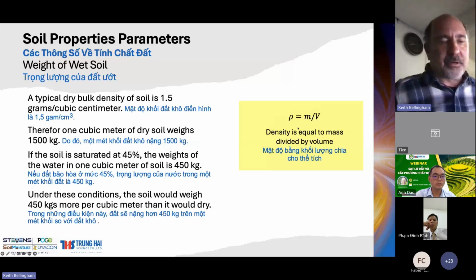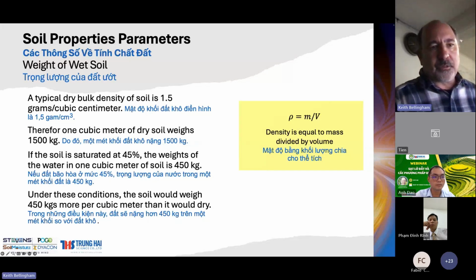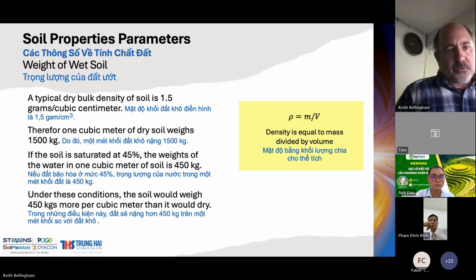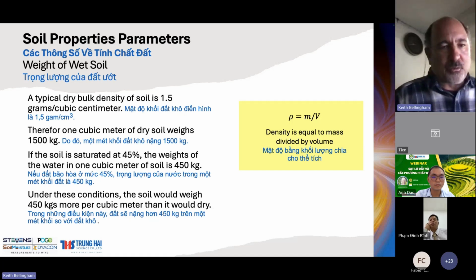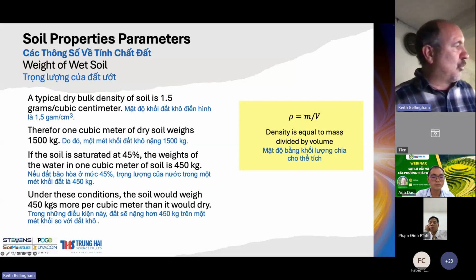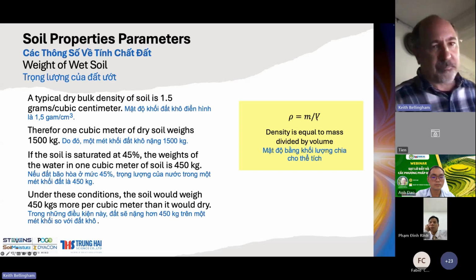The soil properties, as I mentioned before: the water in the soil adds significant weight to the soil. So a typical soil would have a dry bulk density of, let's say, 1.5 grams per cubic centimeter. As we see on the left here, the formula for bulk density is mass divided by volume.